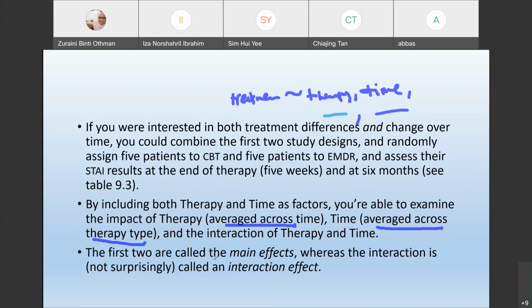The first two are called the main effects, while the interaction is, not surprisingly, called the interaction effect. This is the interaction between therapy across time and time across therapy. The main effect is therapy alone, the main factor, and this is the interaction of therapy and time.